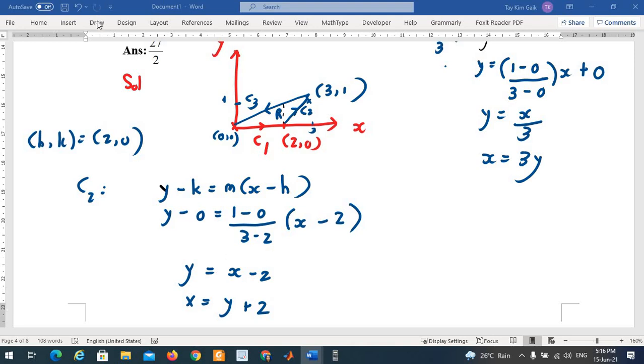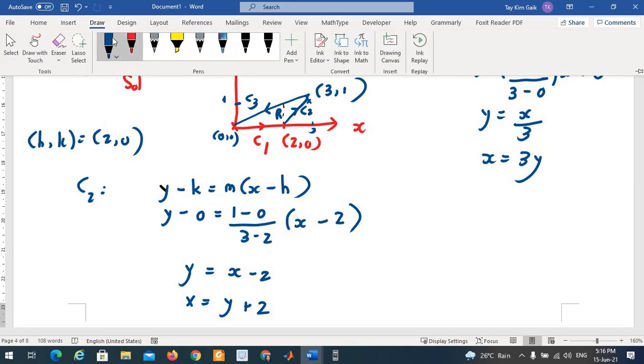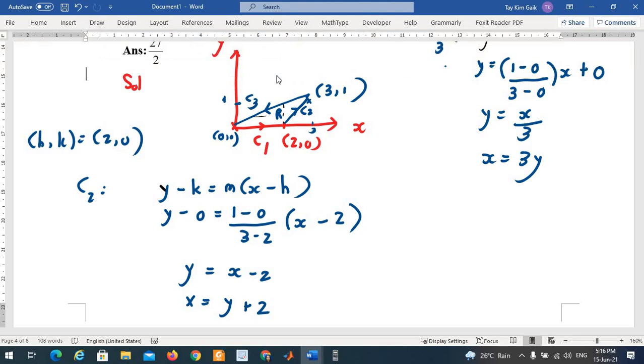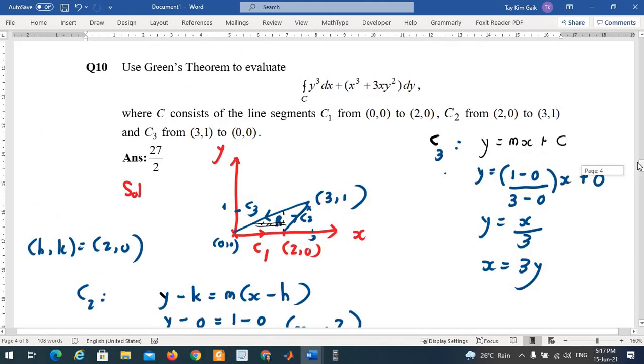So okay, here we are going to use dx dy in the form of a horizontal bar. The horizontal bar sums from the bottom, which is y equals 0, until the top, which is y equals 1. But before that, you have to apply Green's theorem.